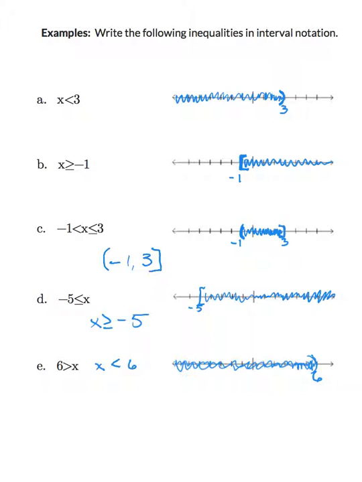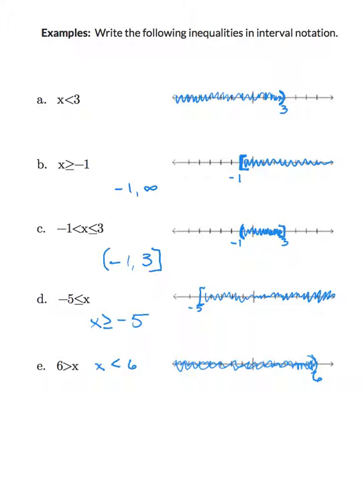So let's look at some of the other examples. Let's look at example B. What is the leftmost value of my shading? It is -1. My rightmost value is infinity. This goes forever to the right, which is the positive side of the number line, so it's a positive infinity.